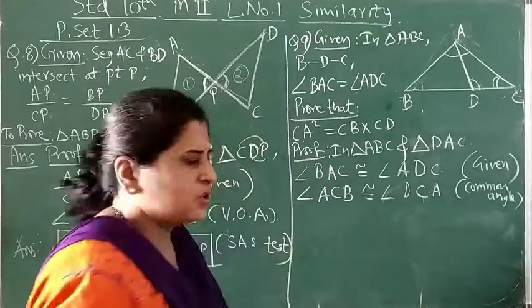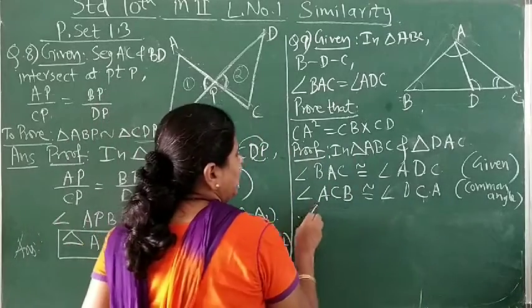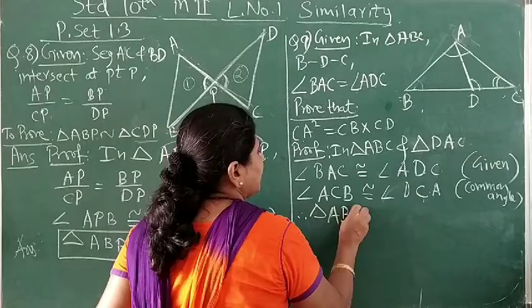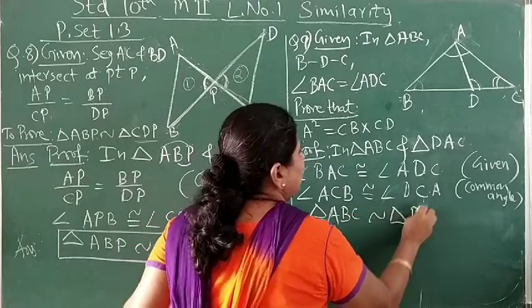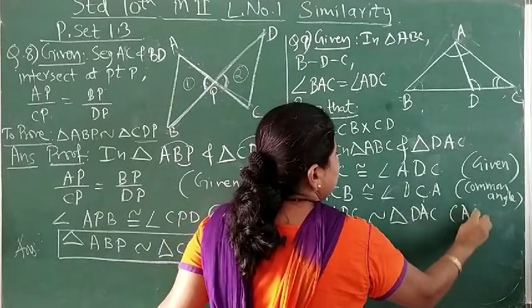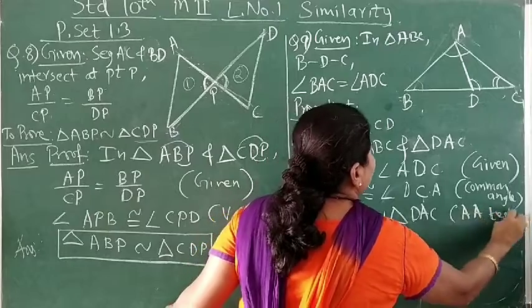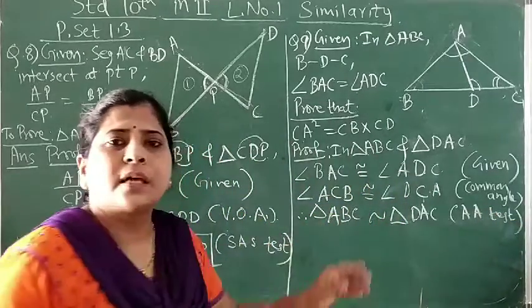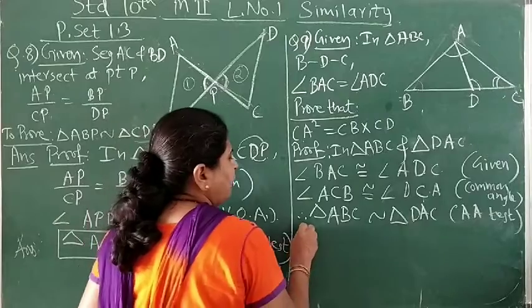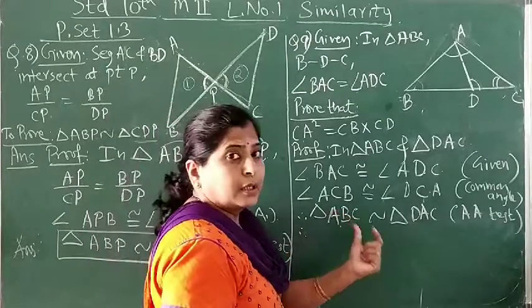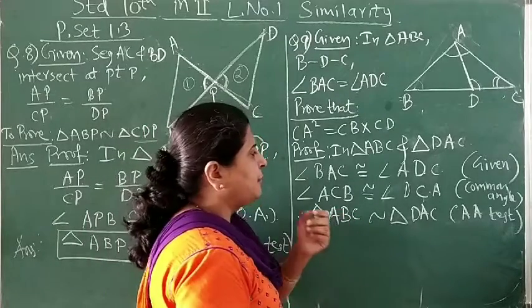Now with these two statements we can say that therefore triangle ABC is similar to triangle DAC. The reason is AA test. We have proved two corresponding angles are congruent. Now let's take the corresponding sides in proportion.